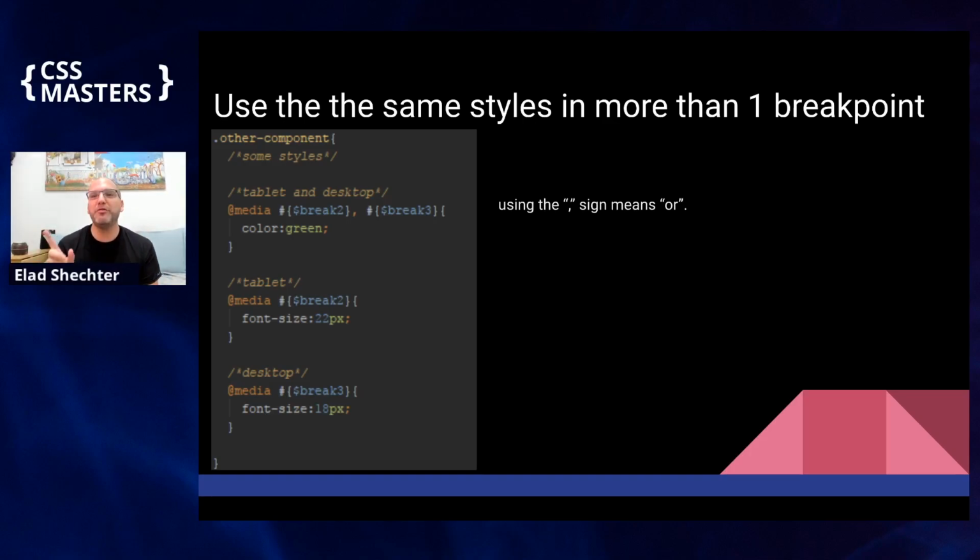In one of my real case studies that I needed to create in my own company, in the desktop website, I had a component in the side. And let's call this component common box. And in big screen, it was really narrow because it was in the side of the website. Let's say, for example, 300 pixels.